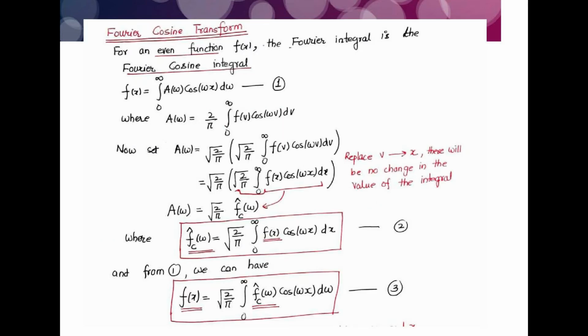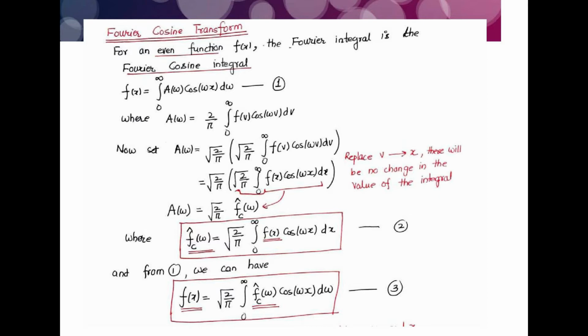In lecture 3, we discussed Fourier integrals, and for an even function, we have the Fourier cosine integral. So the Fourier cosine transform, we will derive from the Fourier cosine integral. Let f of x be an even function.